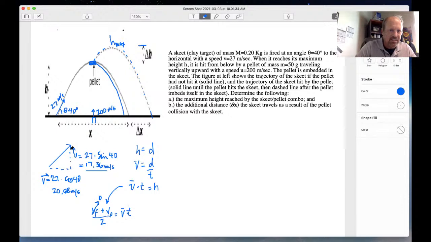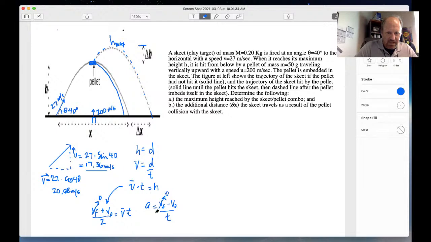Well, the time that it's in the air has to be found by saying acceleration equals v final minus v initial over t. So the final velocity from here to here is 0.